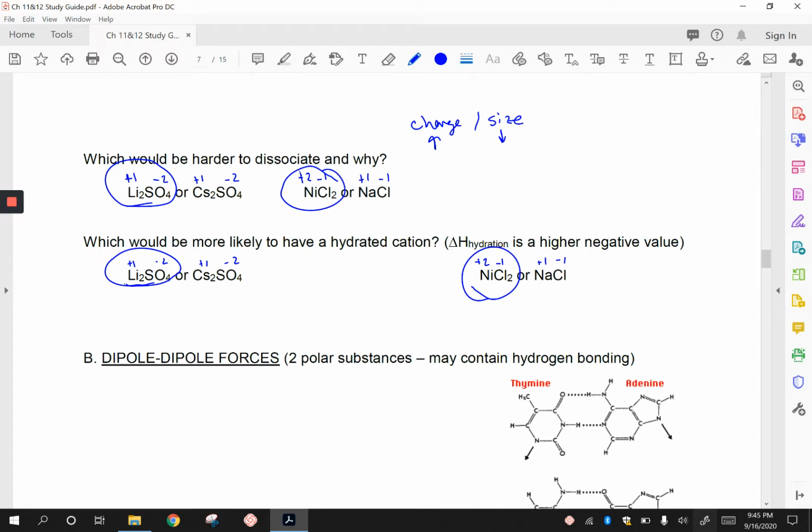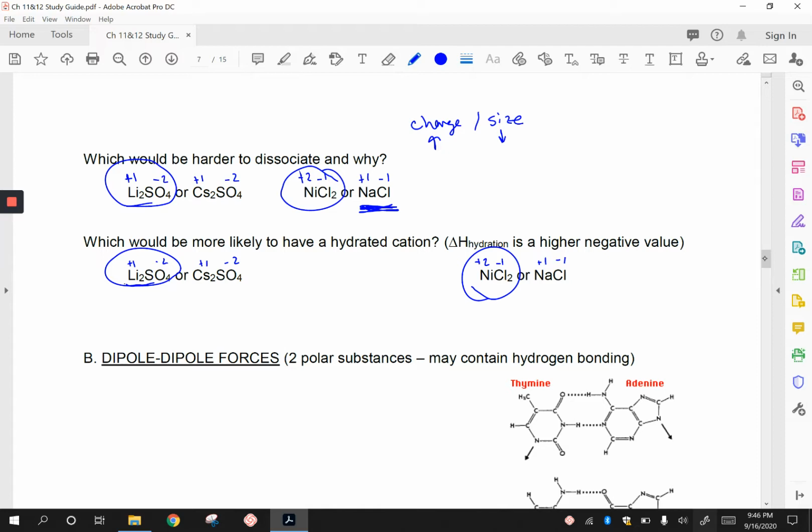Account for that. And so if you're saying that NaCl is more soluble, you would say because it has weaker attractions, weaker ionic interactions, and so it is easier to dissociate it. Because remember, in order to dissolve it, you got to dissociate the ions and then hydrate.